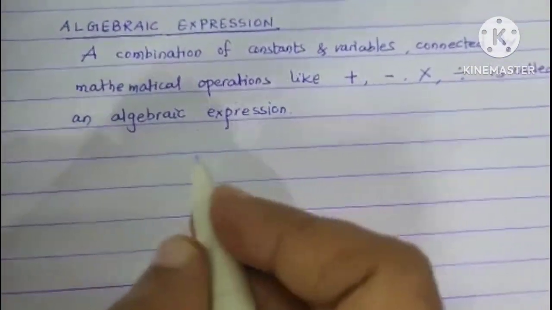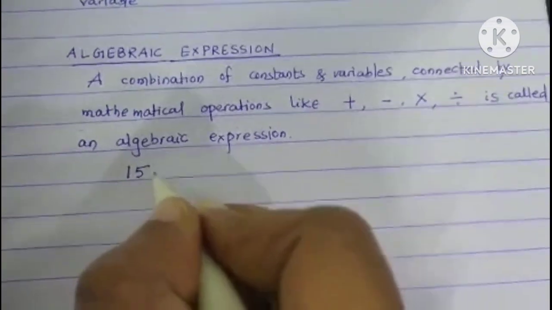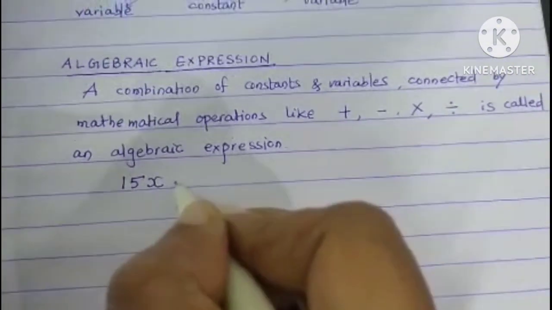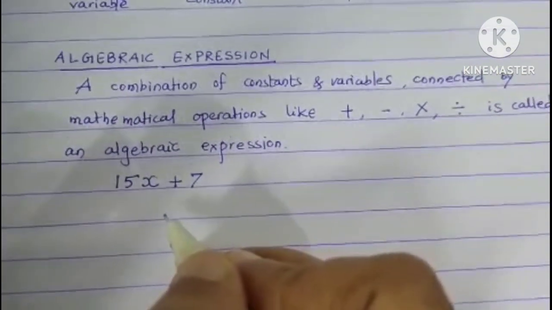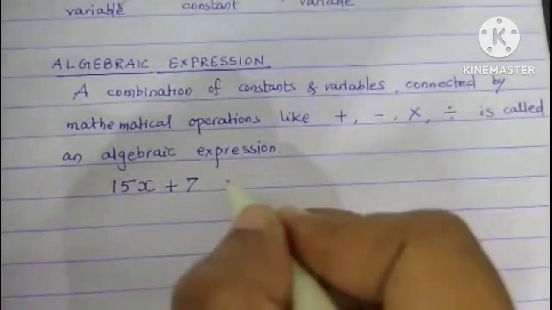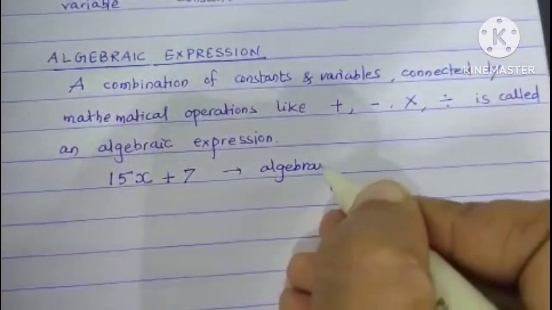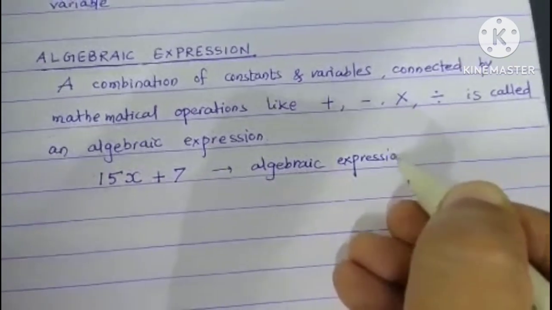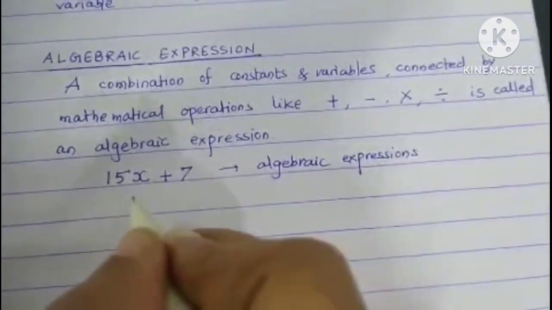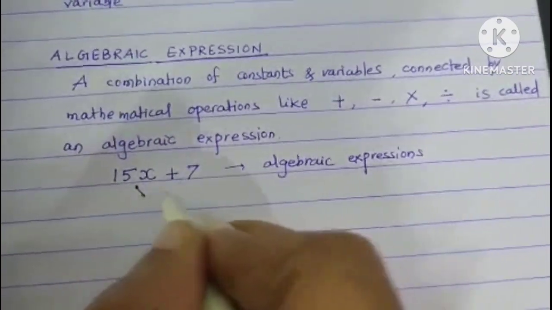Let's try. You can write 15x plus 7. This is an algebraic expression. You can write many terms also. This algebraic expression has two terms: this is one term, and this is one term.